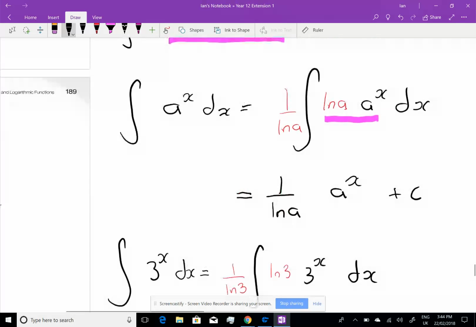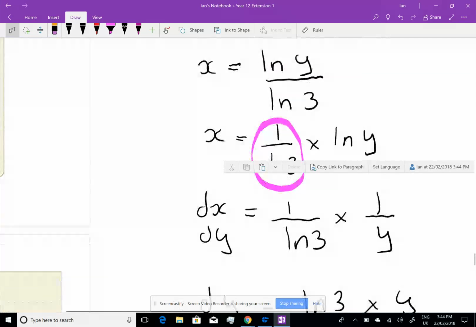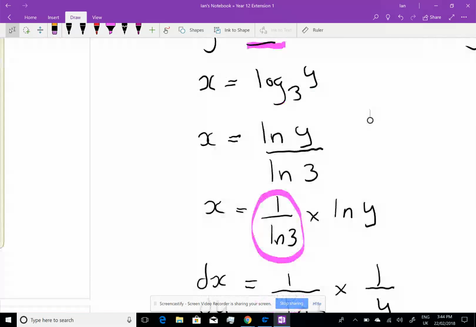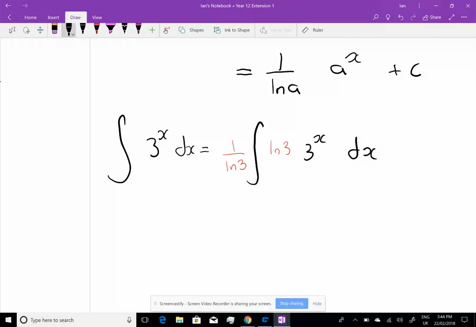And we know, because we did this one up here, the integral of 3 to the x ln 3 is 3 to the x. So it's going to equal 1 on ln 3, 3 to the x plus some constant.